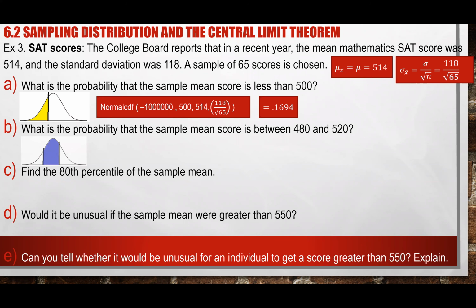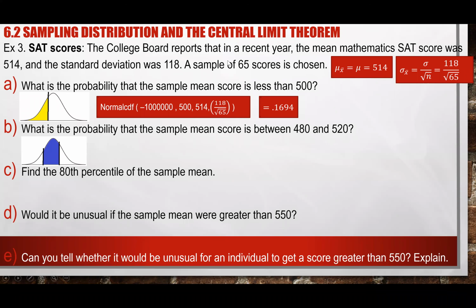And if you look at B, they ask you for the sample mean score between 480 and 520. And again, what they ask you is basically, based on this 65, how many of this 65 people will score between this, based on our information, right? The sample mean, meaning based on just these 65 people. I took 65 people out. What is the probability that just these 65 people score between 480 and 520?